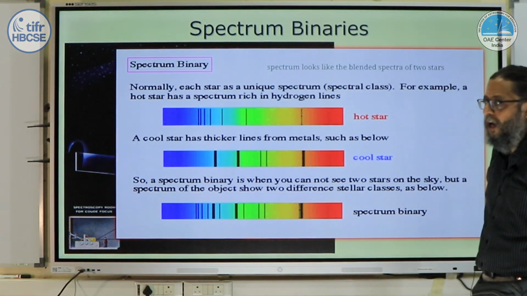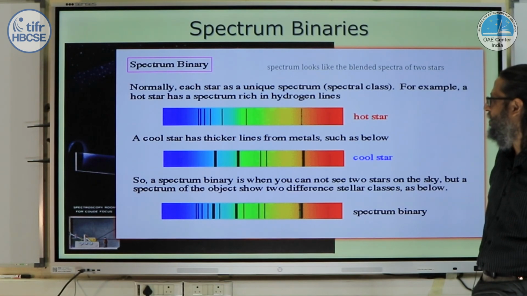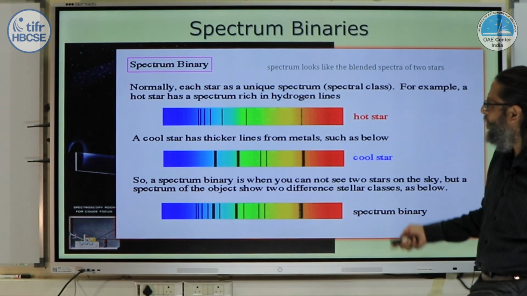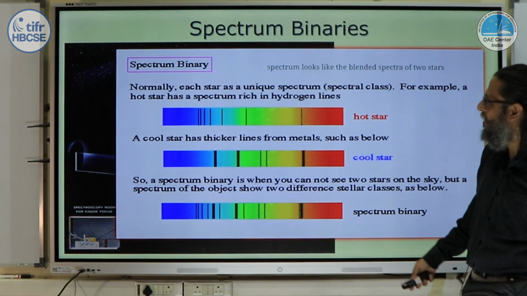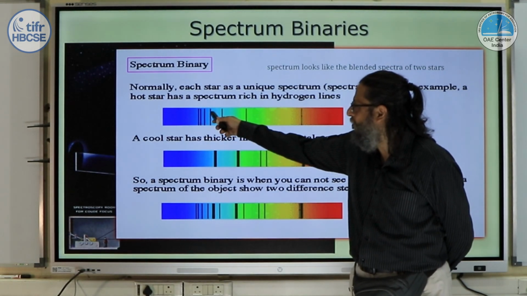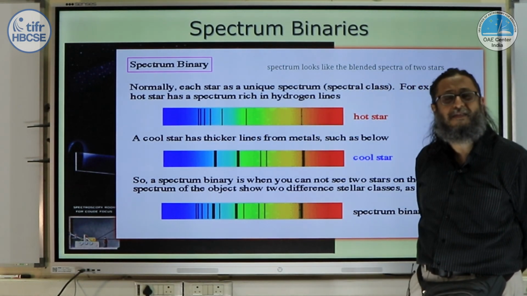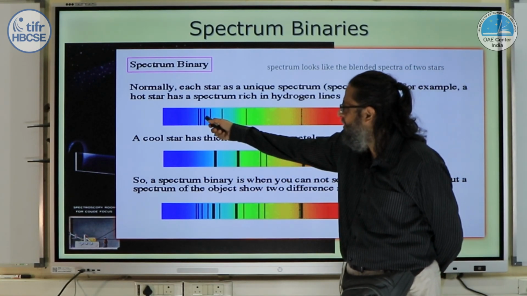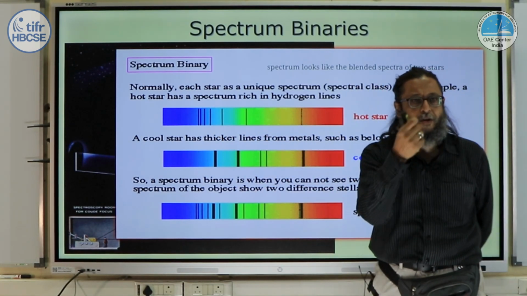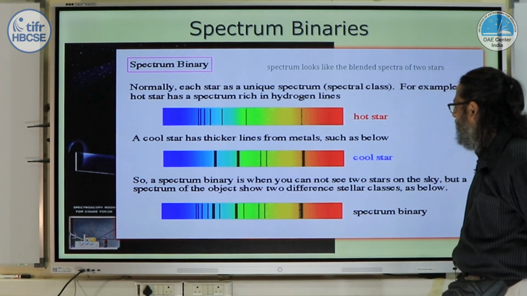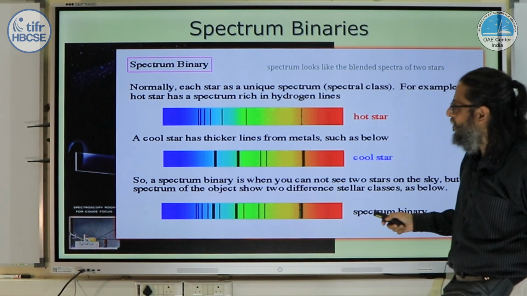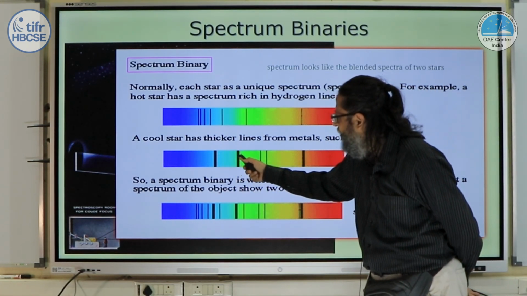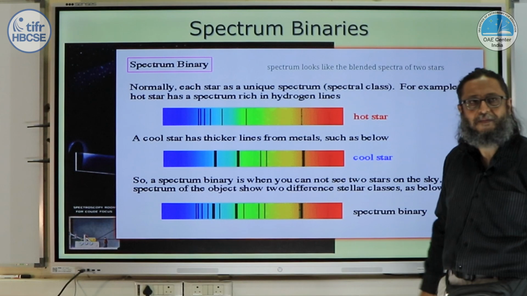Okay, so now let's understand what a spectrum binary is. Let's take a hot star. The hot star will have these absorption lines present. These are the lines that you will expect from a hot star. From a cool star, you will see this set of lines.